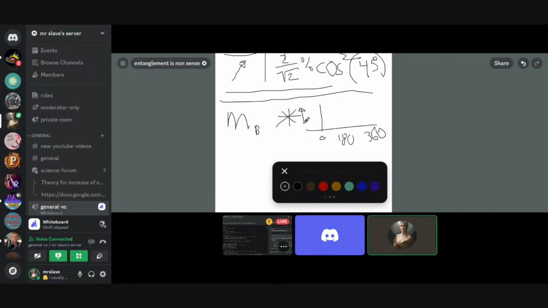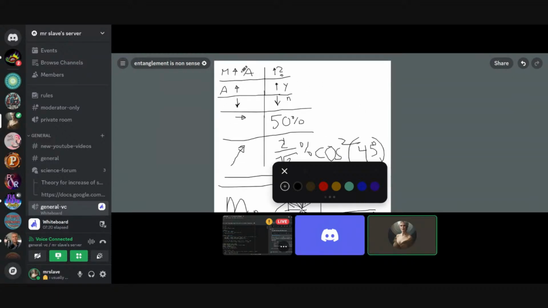We're going to change the magnet each time by 1 degree, so we're going to run around 360. And we're going to run this test 10,000 times. So it's 10,000 divided by 360, about 100 times per angle. For each angle, we count how many times we get A going up.